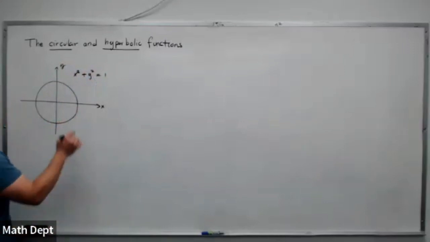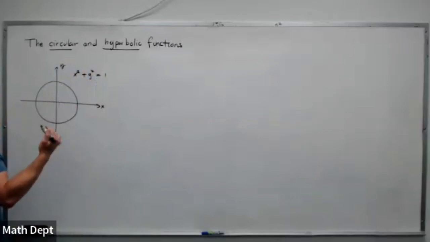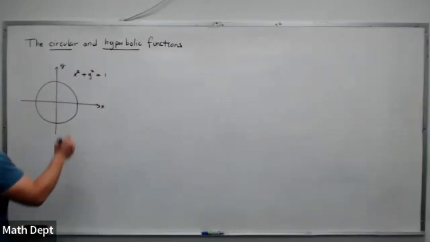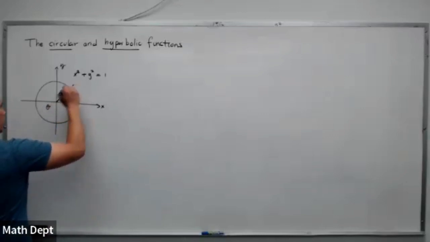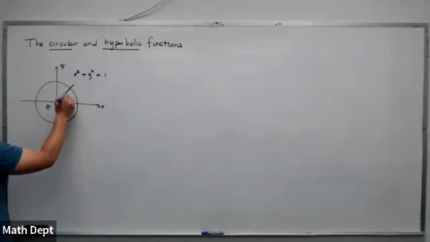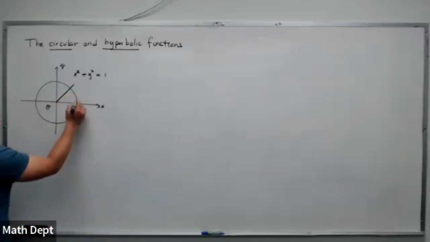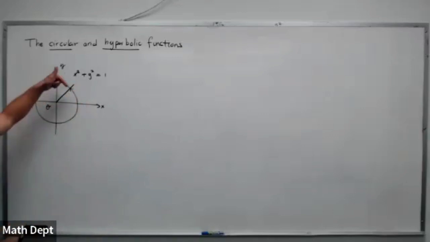Then we indicate, well, how do we define the circular functions here? Well, we take the origin, right? Then we drop a line. Then we take a measure, right? And we presume that this is the positive direction, right?